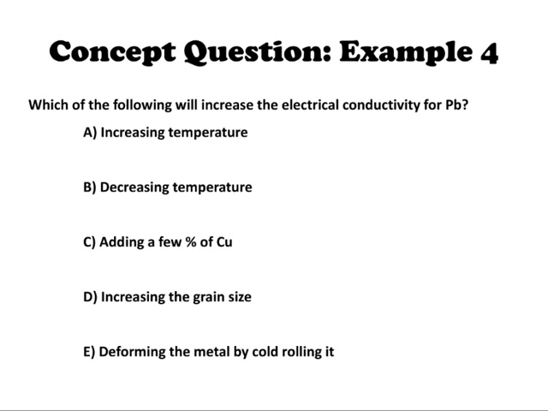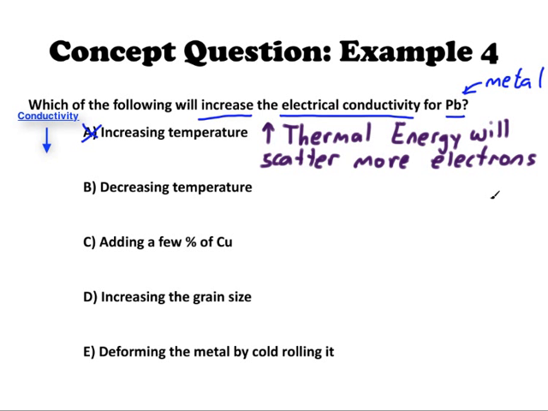Concept question example 4. Which of the following will increase the electrical conductivity for lead? Lead, of course, is a metal, so that's something that's important to keep in mind as we're answering this question. Option A, increasing temperature, is an incorrect answer because thermal energy will scatter more electrons.